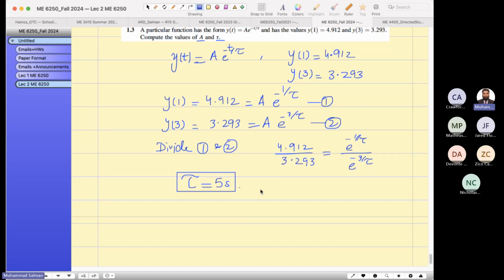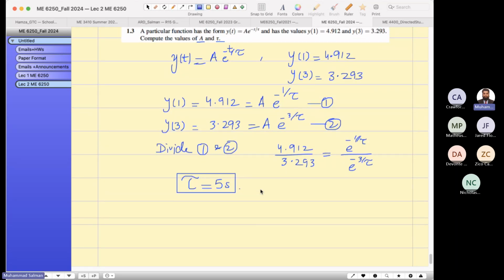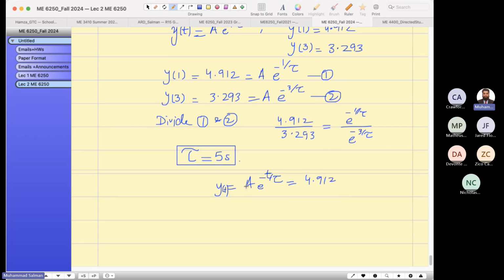That's good. Okay, now after you plug in 5 here, y equals a e to the negative t over tau. So for example, at 1, it is equal to 4.912. Can you find the amplitude from here?